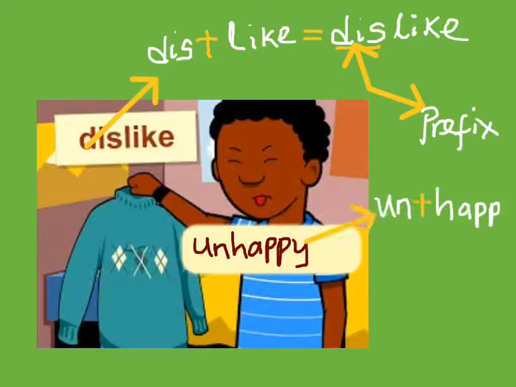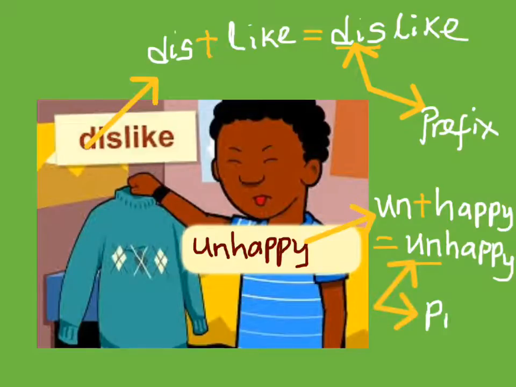We also see a word like unhappy. Un plus happy equals unhappy. You see in the illustration, happy is a word on its own, and then we bring the prefix un in front of the word happy, giving it another word called unhappy.